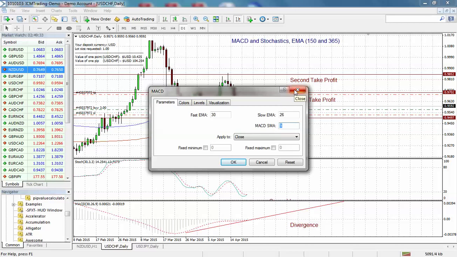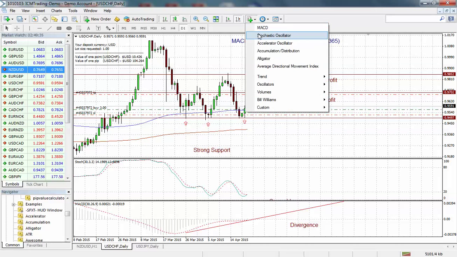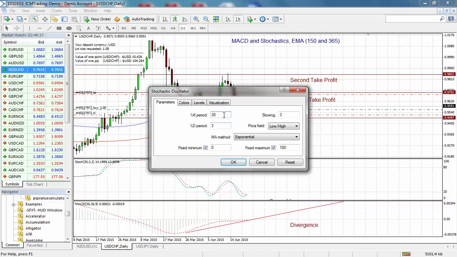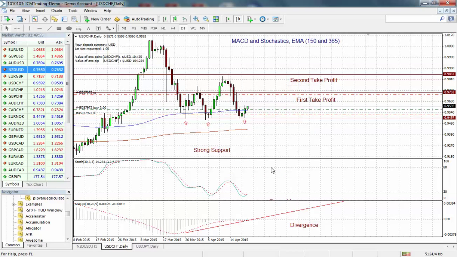And for stochastics, I use this 30 period for the percentage K, 3 for percentage D, and 3 for the slowing. But I would say the most important is this 30 percentage K and this 3 percentage D. It works pretty good because 30 represents the number of periods that it uses to give you this chart.